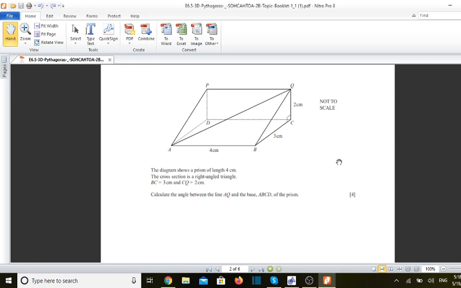It says that the diagram shows a prism of length 4 centimeters. The cross section means the side of the prism is a right angle triangle. BC is 3 centimeters, C to Q is 2 centimeters. They ask you to find the angle between AQ and the base of the prism ABCD.